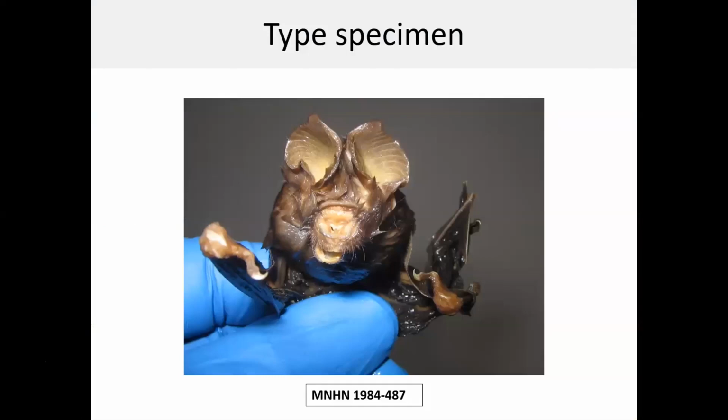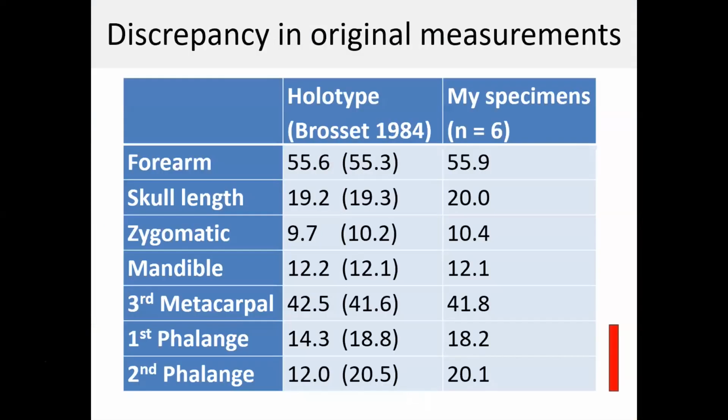So this was the specimen. This is the type specimen of Hipposideros lamotti. And then I remeasured that type specimen, and lo and behold, if you look at the first phalanx or the second phalanx, my remeasurements of the type are in brackets, and you can see that my measurements are very similar to that of Procé, except for the first and second phalanx, my measurements are the same as mine from the field.